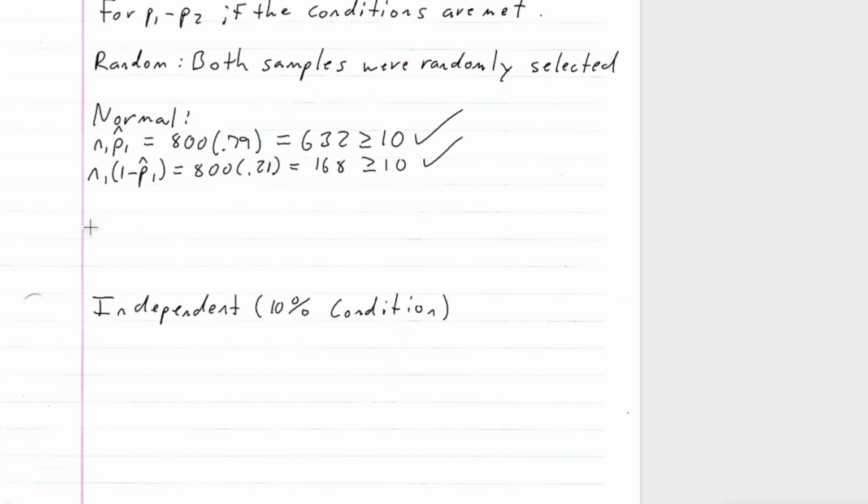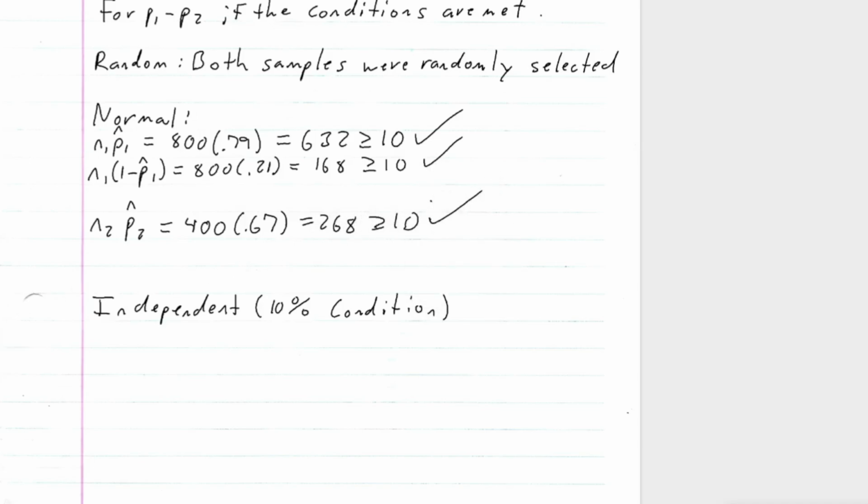All right, the next one, n2 times p2 hat: there were 400 young adults surveyed, and p2 hat was 67%. So this is equal to 268, which is of course bigger than or equal to 10.